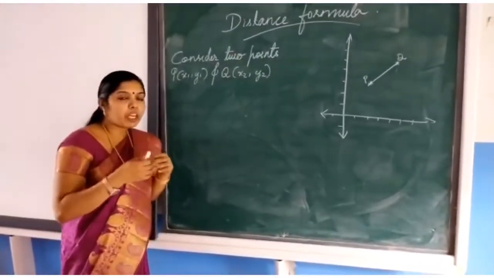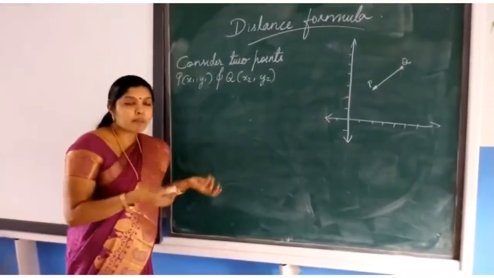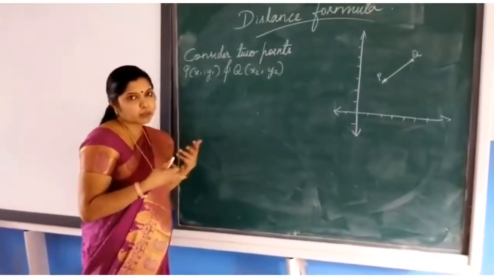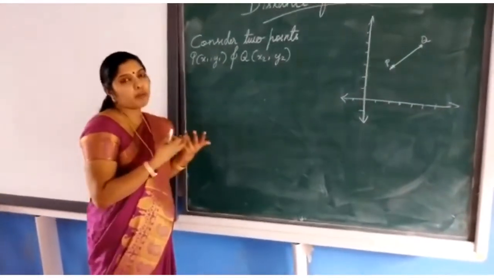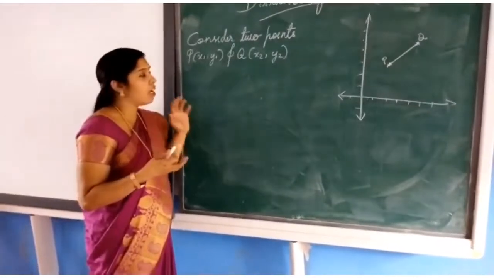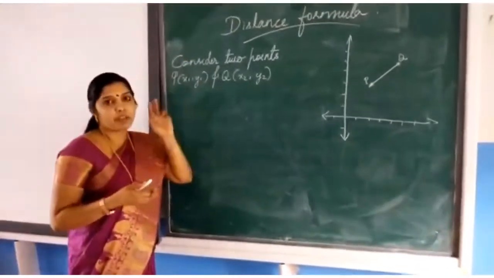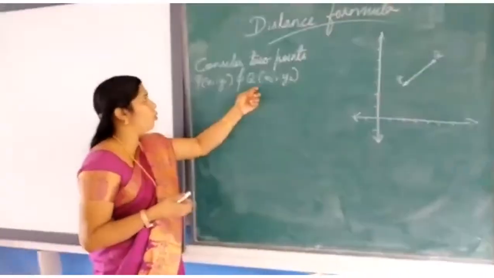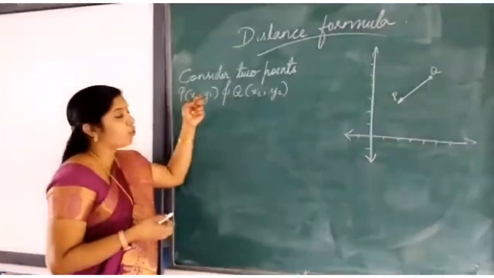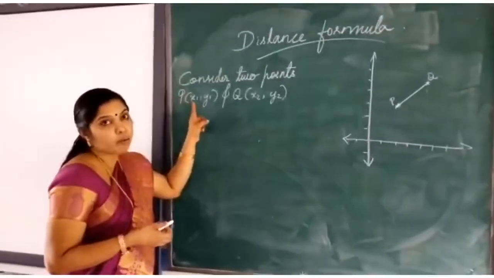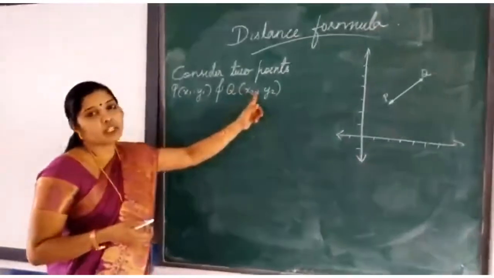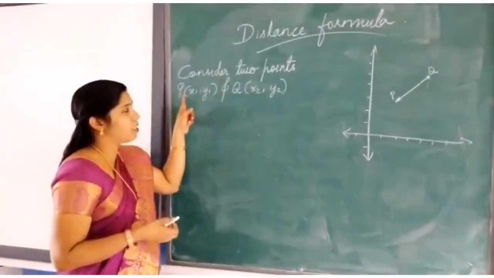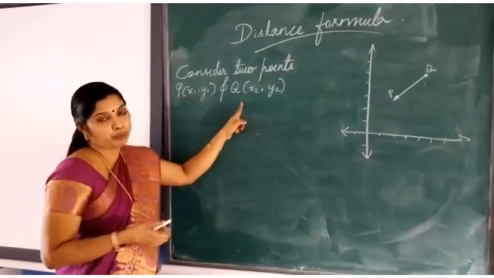So if you want to take 2 points or 3 points, we can express them as ordered pairs (x1, y1), (x2, y2), (x3, y3), etc. Here, for the time being, we are considering 2 points P and Q, with ordered pairs P (x1, y1) and Q (x2, y2). We are going to find the distance between P and Q.